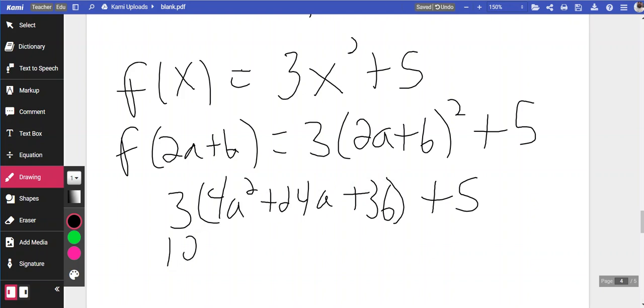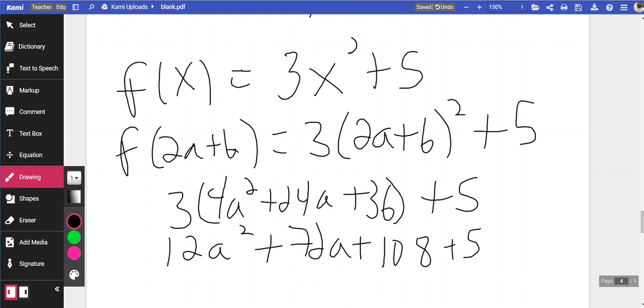So now we got 12a squared plus whatever 3 times 24 is. That's something you probably need a calculator for, but that's 72a plus 3 times 36, that's 108.